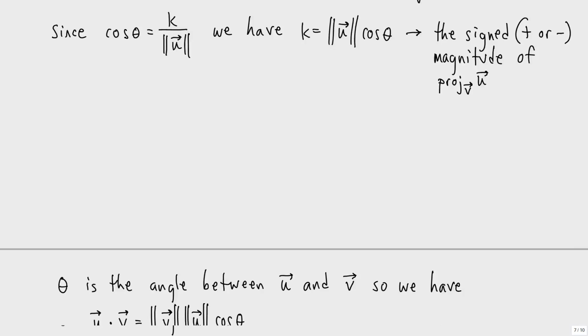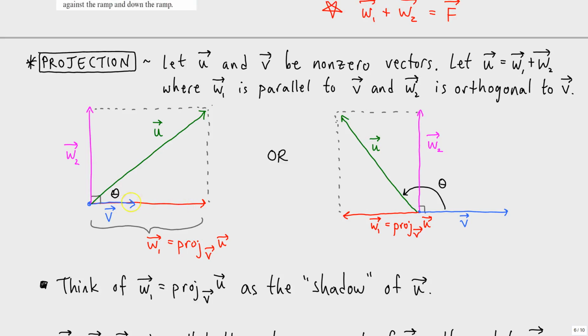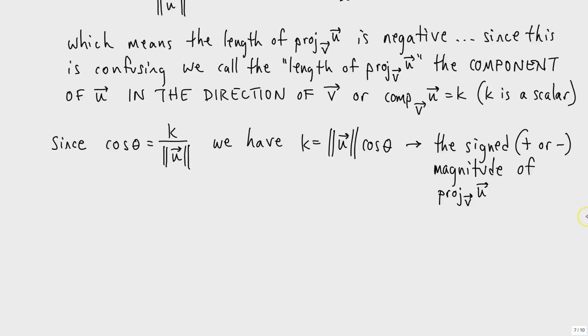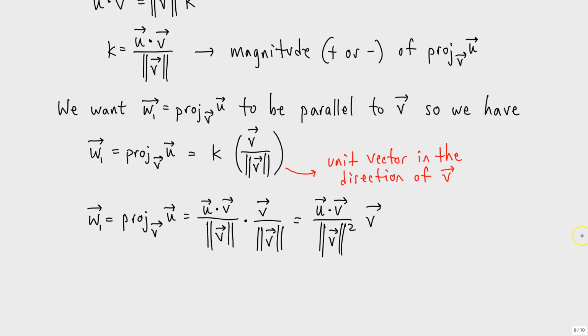So going back to our picture, we want the projection to be parallel to v. Two vectors are parallel if one is a scalar multiple of the other. Our k is a scalar. It's a dot product divided by a magnitude. That's a scalar. So we want our projection to be a scalar multiple of v.